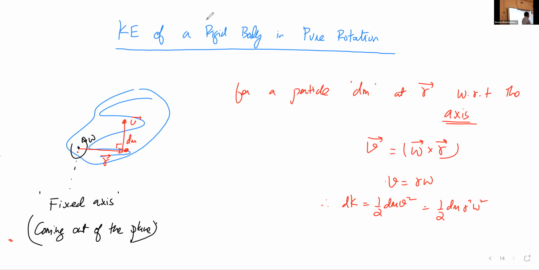Now when we integrate, for each particle dm, r has a different value, but omega is common. So half omega square will come outside, and we'll be left with an integrated term times half omega square. That is how we'll express the kinetic energy. Just like translational kinetic energy is proportional to v square, with the factor half m v square, rotational kinetic energy is proportional to omega square, but the term is something else into half.